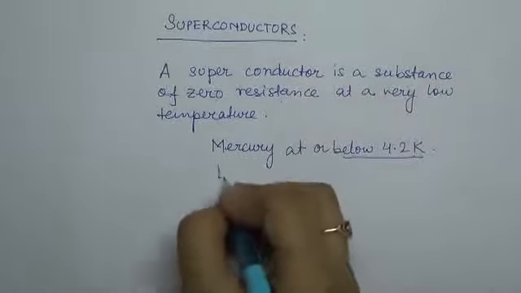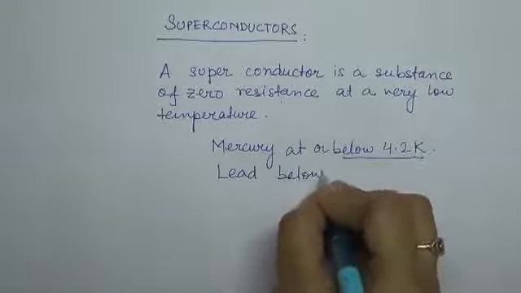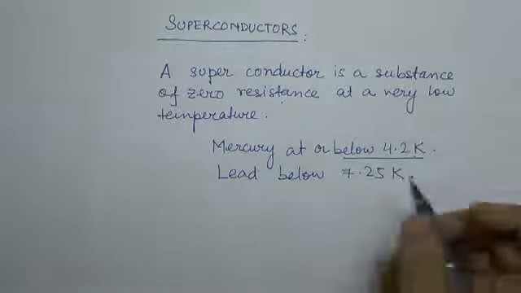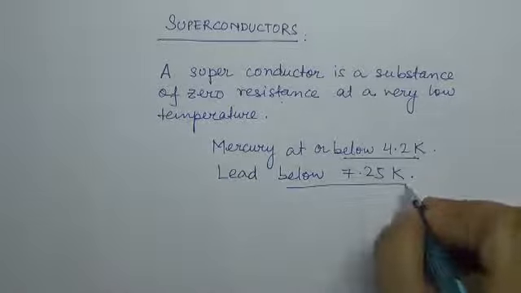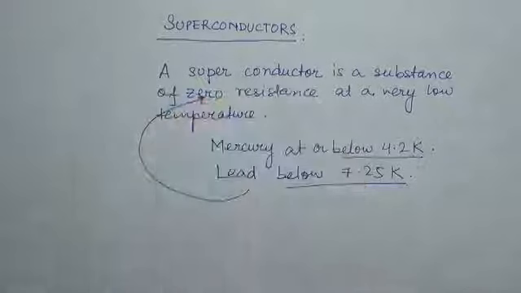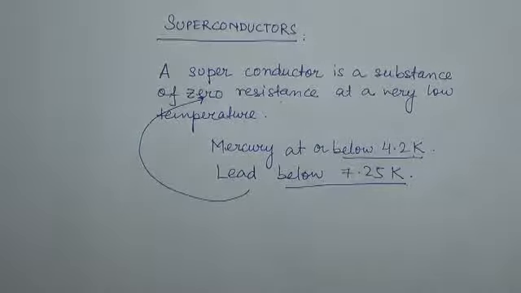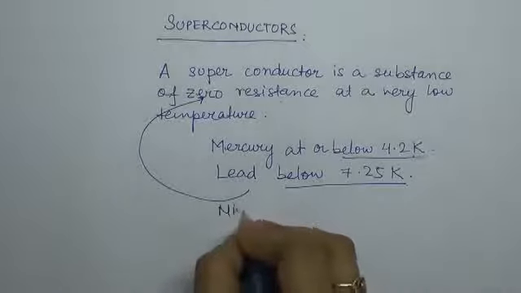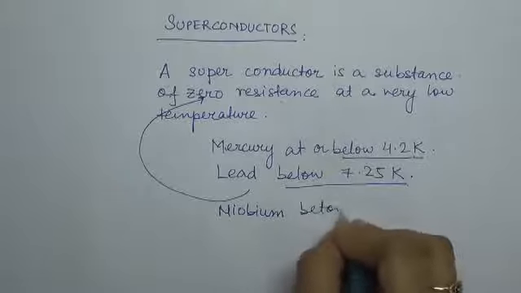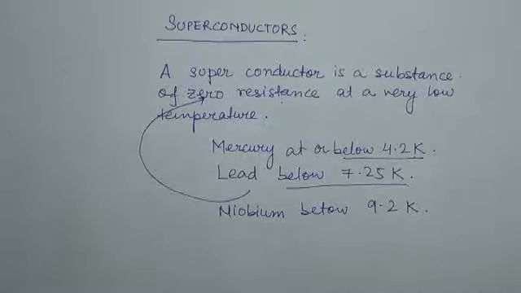Similarly, lead below 7.25 Kelvin will offer zero resistance. Another example is niobium. Again, at a very low temperature, below 9.2 Kelvin, it will act as a superconductor.